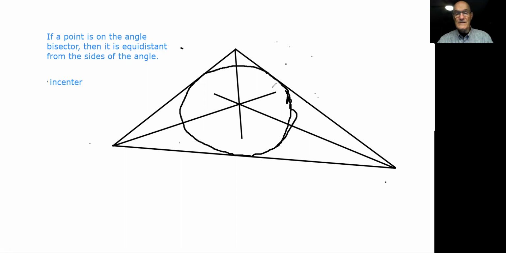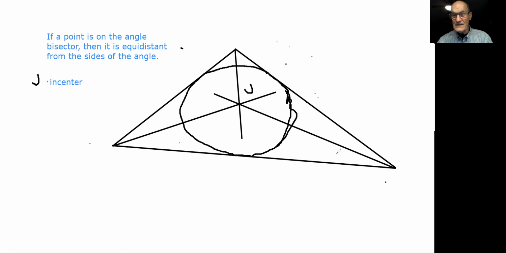Now, here's the type of problem that you run into here. If I come in here and tell you that let's call this point J, and I tell you J is the incenter, then you know that this angle is bisected, this angle is bisected, and this angle up here.